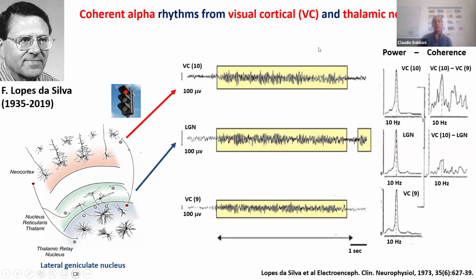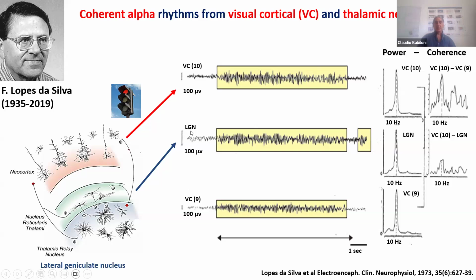Again, he recorded from the cerebral cortex of dogs and the thalamic nuclei from dogs simultaneously. The picture shows the local field potential recorded from the visual cortex of dog, and 10 is the number of the electrode.